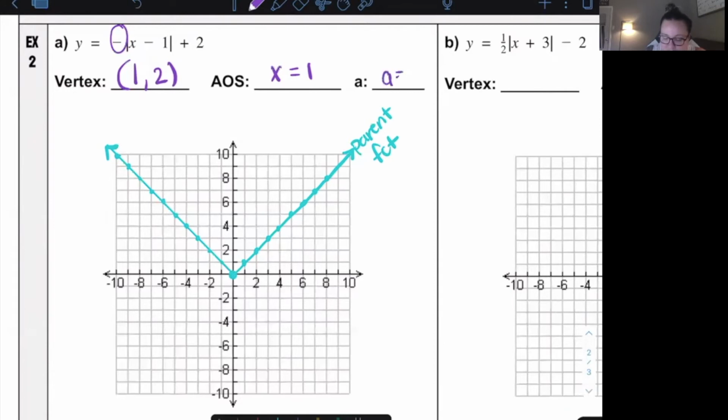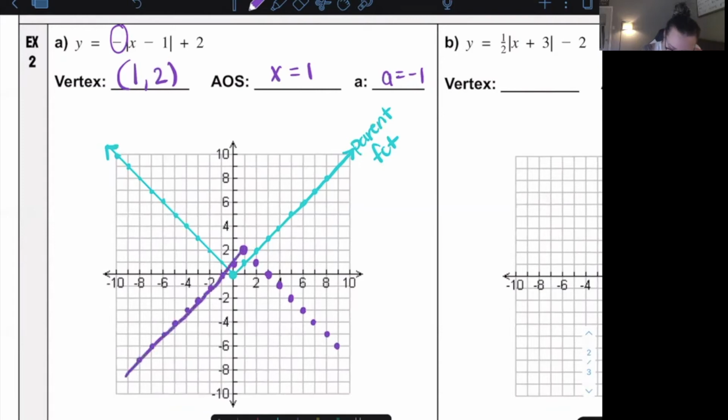So my slope is -1. So my vertex is at 1, 2. And then I'm going to go down 1 over 1, down 1 over 1, down 1 over 1. And the same thing on the other side, but in the opposite direction here.